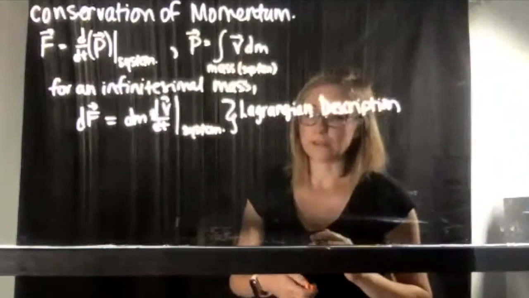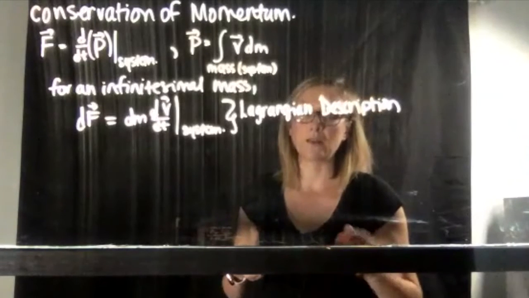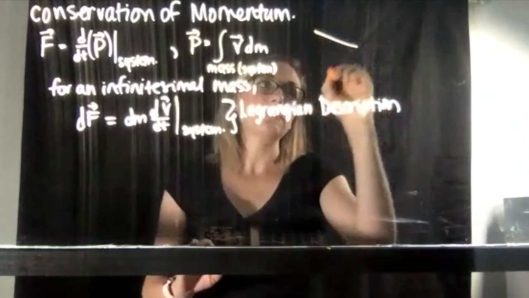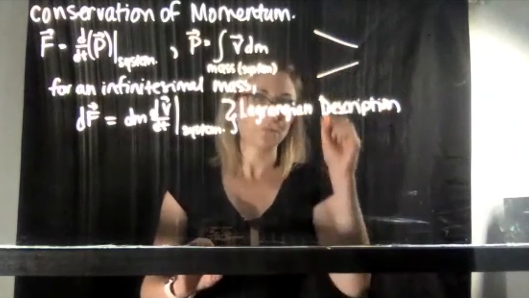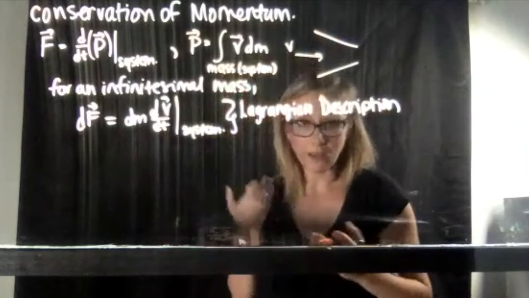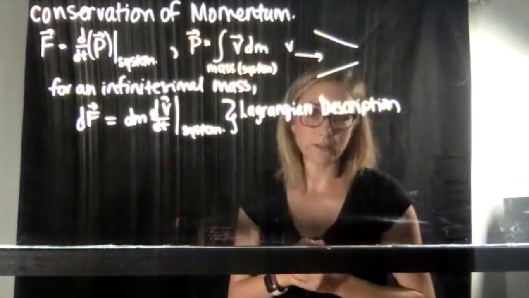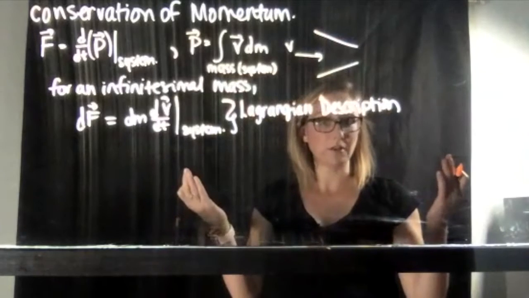And the reason is most easily illustrated by looking at a nozzle. If you have steady flow through a nozzle like this, where this is your velocity, so it's steady, right? It's not changing in time. So if we just took a time derivative of this velocity, we would say the acceleration is 0, right?